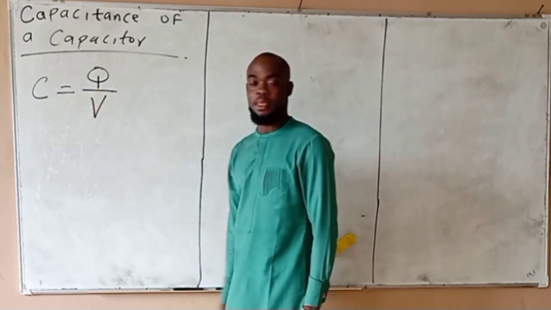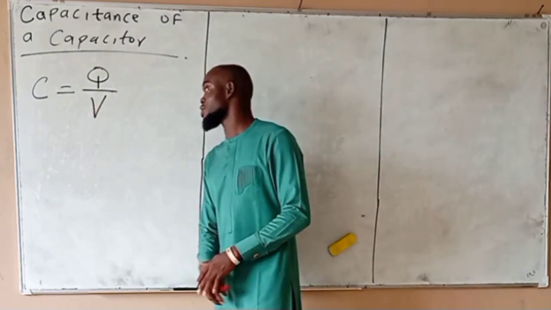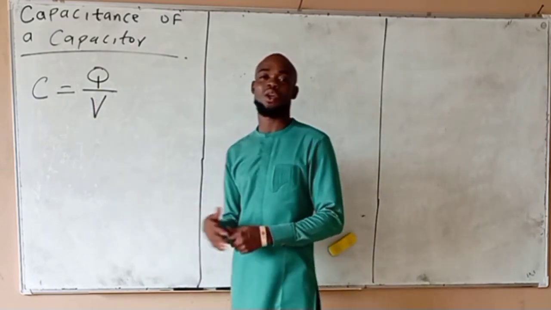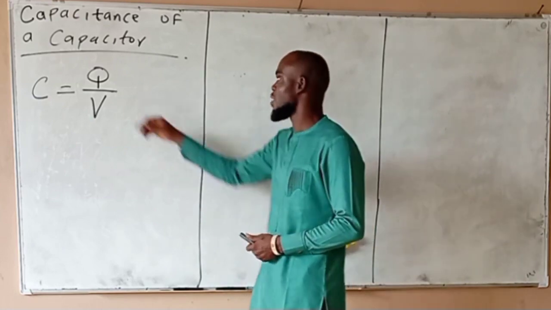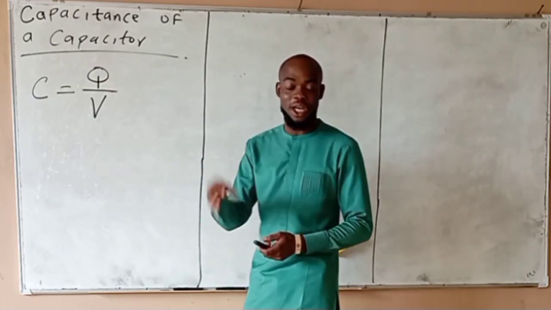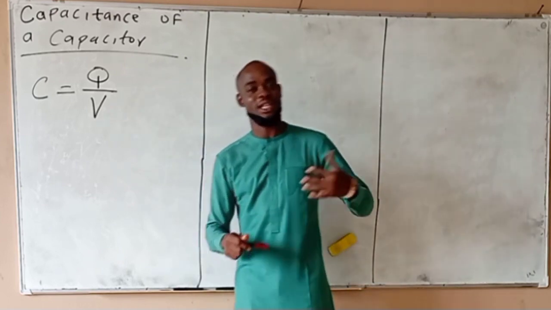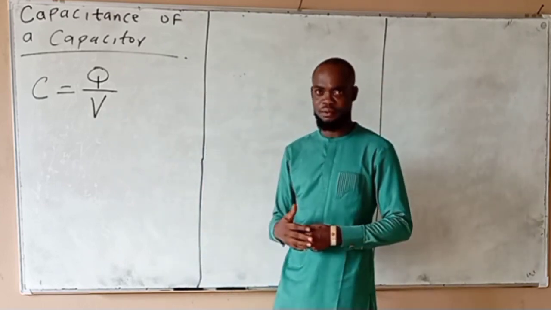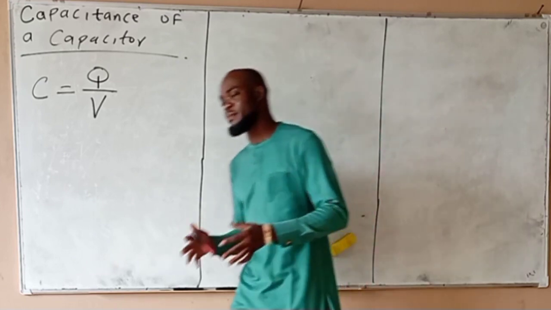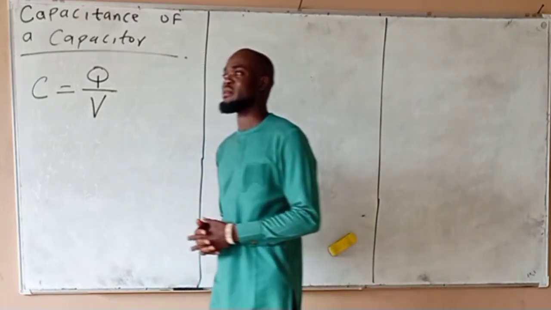So from this mathematical definition, C is called the capacitance of a capacitor. The Q is the charge, and the V is either potential difference or voltage. Taking note of that is very important.